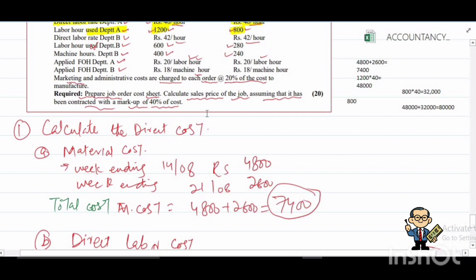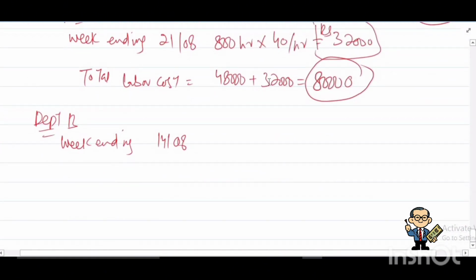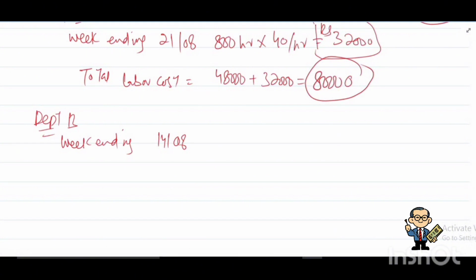If you see here, this is the machine hour, not this one. This is our use. So 600 and 280.